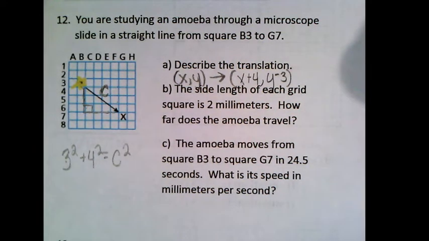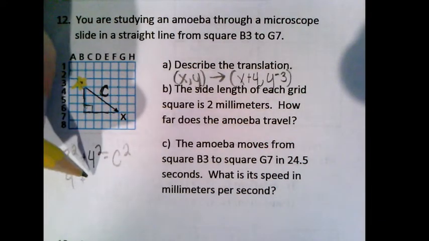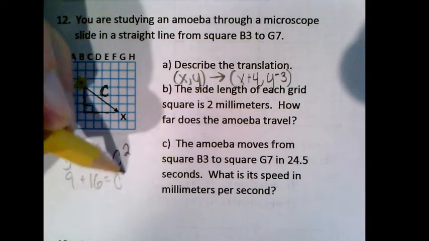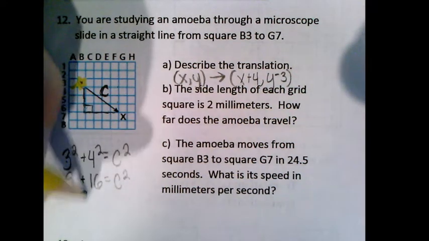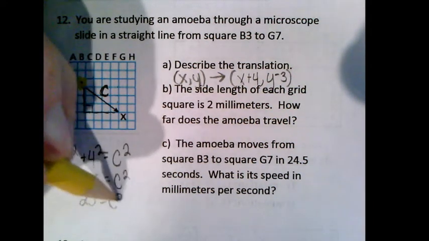This is actually called a Pythagorean Triple for major math nerds like myself, and we had to memorize those in college. When you have a 3 squared and a 4 squared, it always gives you the same answer, and we'll figure out what that answer always is. So 3 squared is 9, plus 4 squared is 16 equals C squared. 9 plus 16, 25 equals C squared.